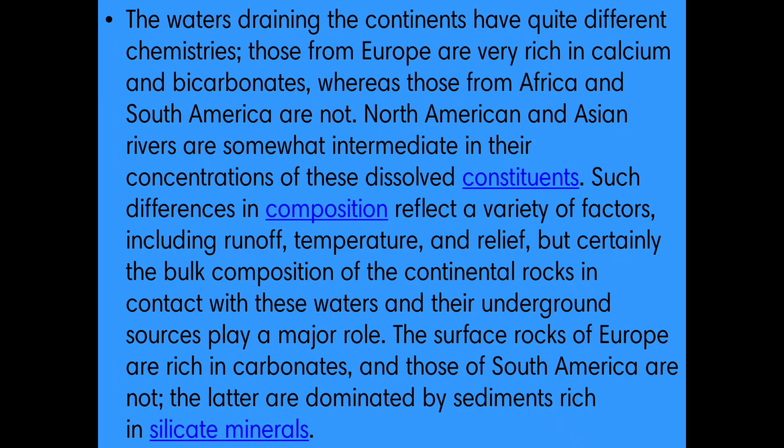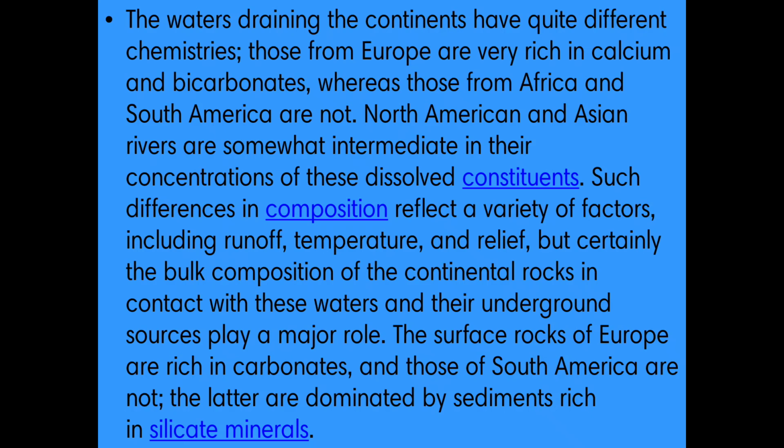The waters draining the continents have quite different chemistries. Those from Europe are very rich in calcium and bicarbonates, whereas those from Africa and South America are not. North American and Asian rivers are somewhat intermediate in their concentrations of these dissolved constituents. Such differences in composition reflect a variety of factors including runoff, temperature and relief.